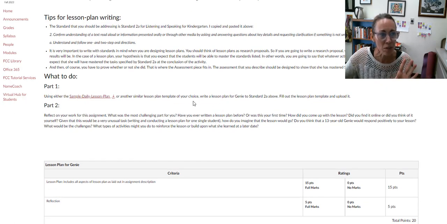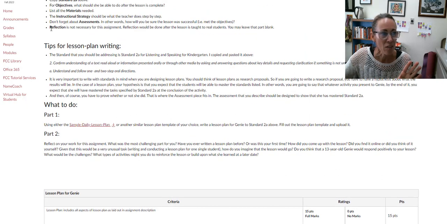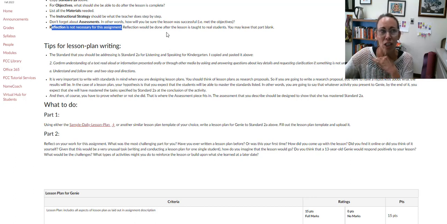This is sometimes a little bit confusing because there is a reflection section in the template, but that's not what I'm referring to. That is something a little bit different. That would be if you actually taught this lesson plan to live students, which you're not doing in this case, and then you saw whether the lesson worked and how the students responded. And if you were going to teach it again, what would you do differently next time?